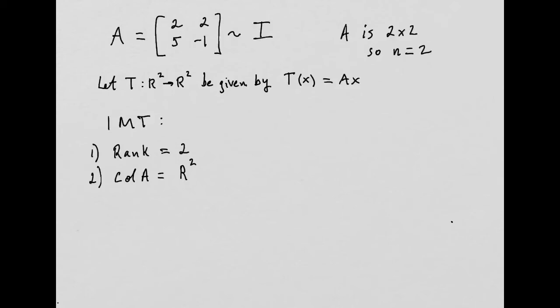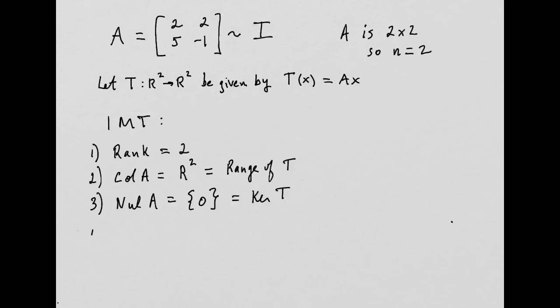Well, in this case, n is 2, so it's R2, and that is also equal to the range of T. Since T is defined by T of x equals Ax, then the range of T is the same as the column space of A. Another thing that we can say is that the null space of A is equal to the set containing the zero vector, and that's also equal to the kernel of T.